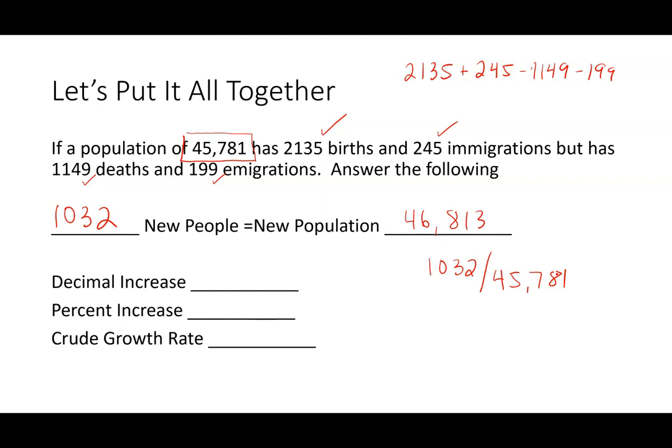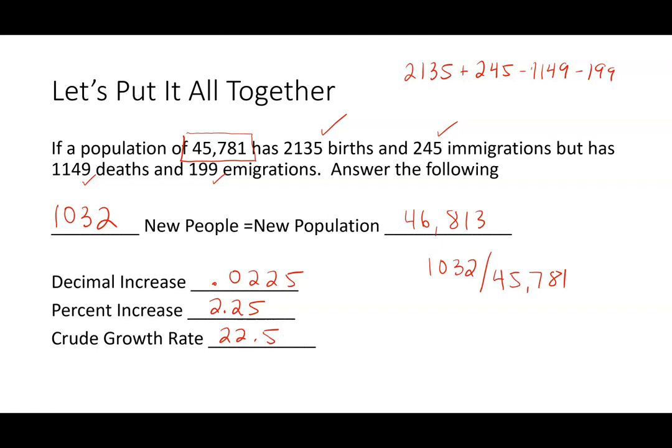And that's going to give me a decimal increase of 0.0225. All right. Turn it into percentage. We know how to do that. We multiply by 100, 2.25. And then, of course, if I want to turn it into a growth rate, it becomes 22.5. I'm sorry, a crude growth rate.